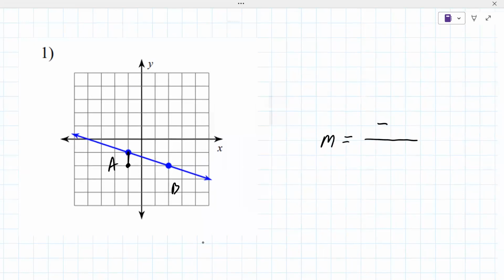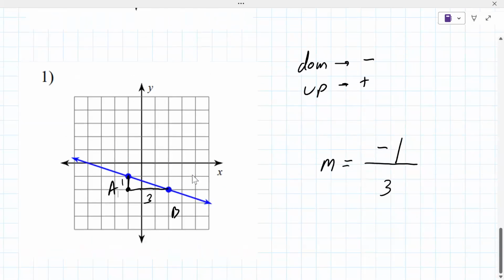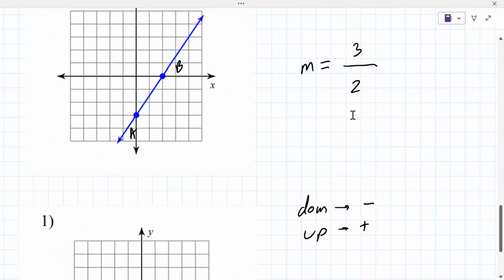When you go down, that's negative. Down is negative, up is positive. And then the run here is 1, 2, 3, 3 to the right. It's always to the right, so -1/3. So you have to be aware, if it's going down and to the right, that's negative slope. If it's going up and to the right, it's positive slope.